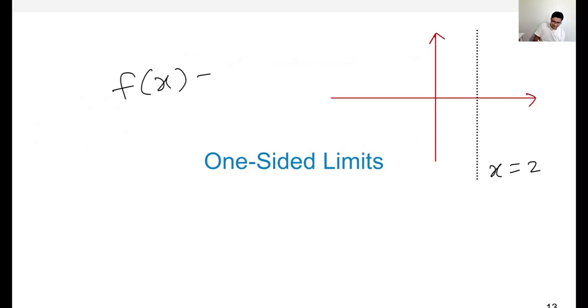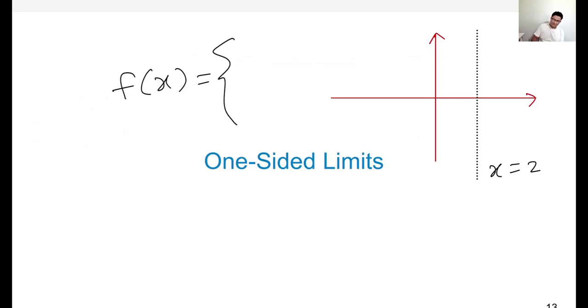Suppose this is an asymptote here at x equals 2, let's say. What kind of function will have that asymptote? Let me write an example. Say a function f of x defined piecewise. That is the simplest way to get one-sided limits.